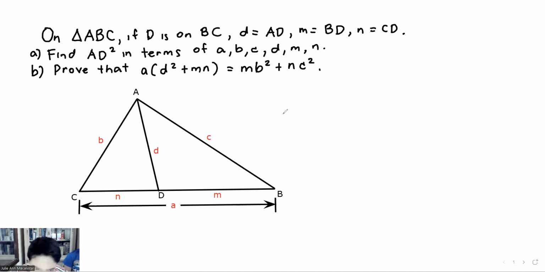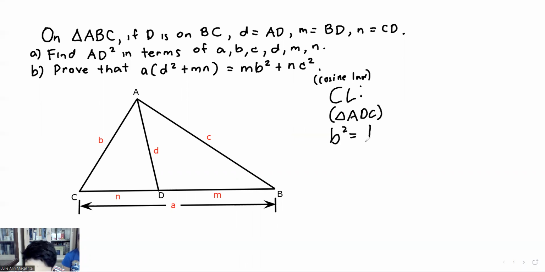So by using the cosine law on triangle ADC, for those who are trying to learn this: on triangle ADC, b squared equals, and on triangle ADB.